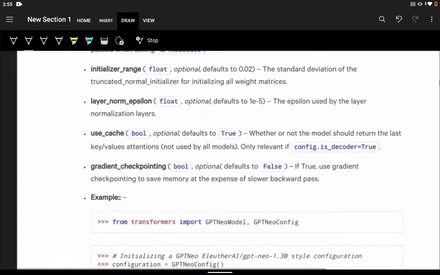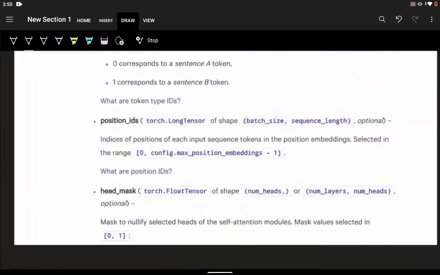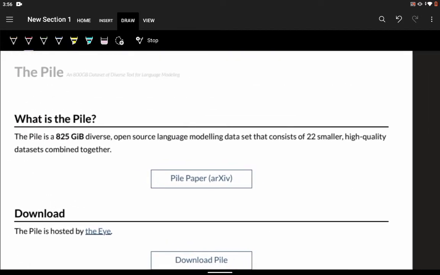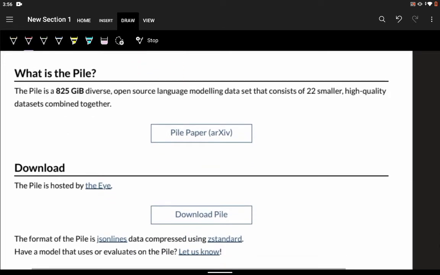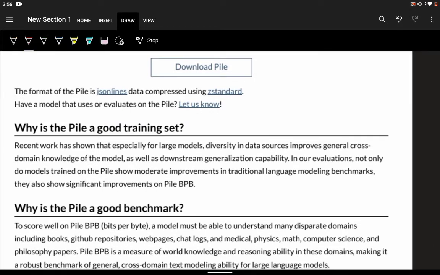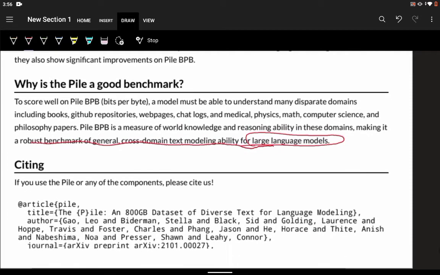So let's scroll to the pile dataset once, just to give you an idea of how big the dataset is. The pile is basically an 800 GB dataset of diverse text for language modeling. It consists of 22 smaller high quality datasets combined together. Once it's pre-trained on such a dataset, it is able to have this robust benchmark of general cross-domain text modeling ability for large language models such as GPT-Neo, as we shall see later.